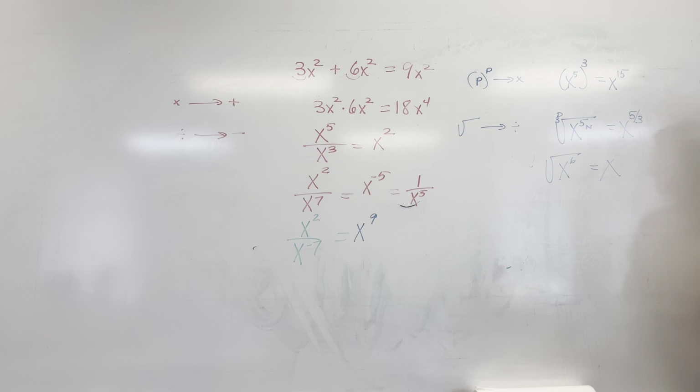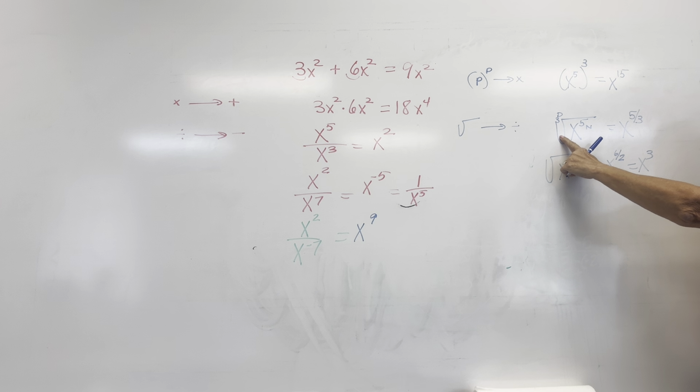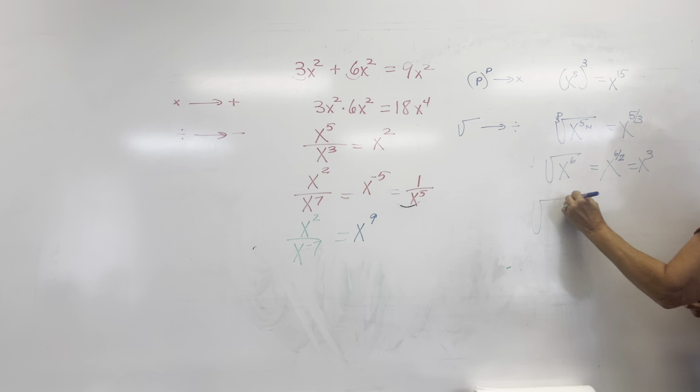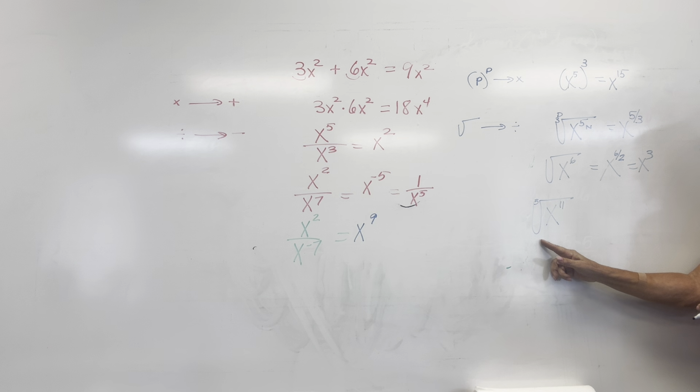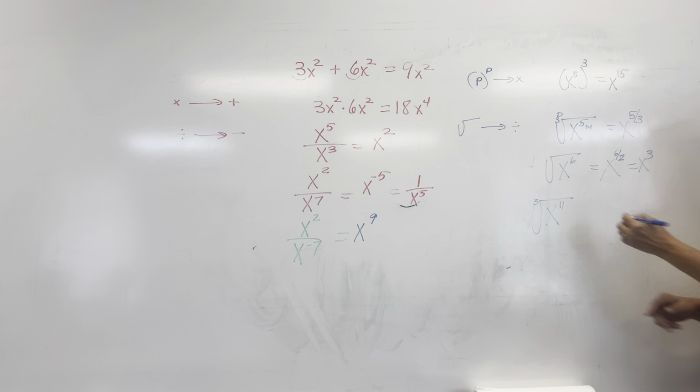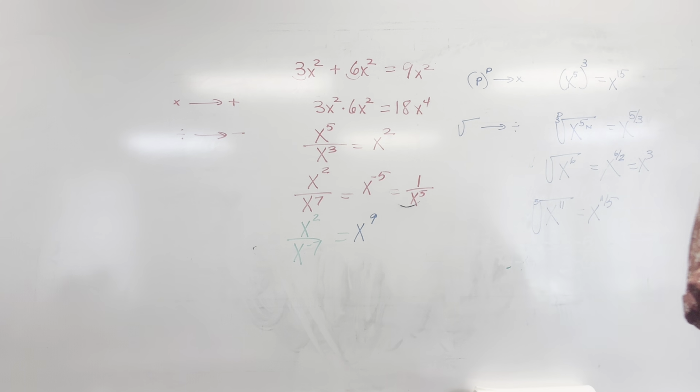X to the third, before you simplify, x to the 6/2, which is x cubed. If there's nothing there, it's a square root. Don't call this a square root. It's a cube root. Don't call this a square root. It's a fifth root. What is that? X to the 11/5. Okay? There's just two more things I need to show you, and we're done.